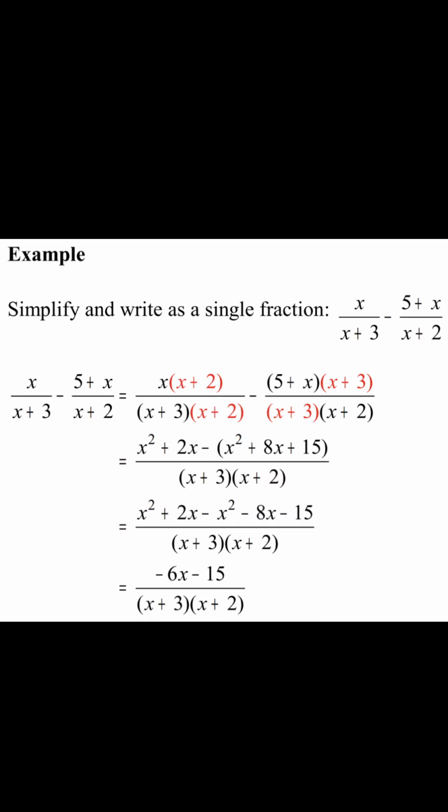Can you see what's happening there? So they've switched it around. So that's what's happening on the first line.